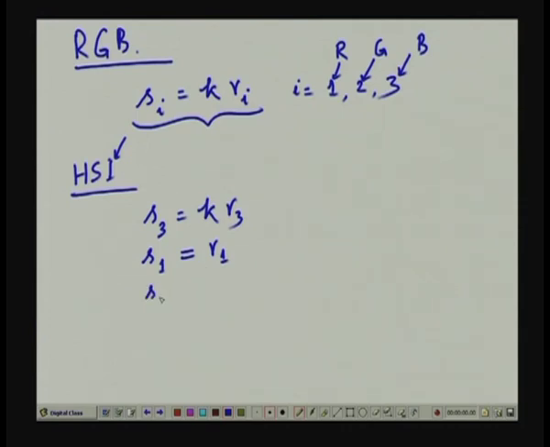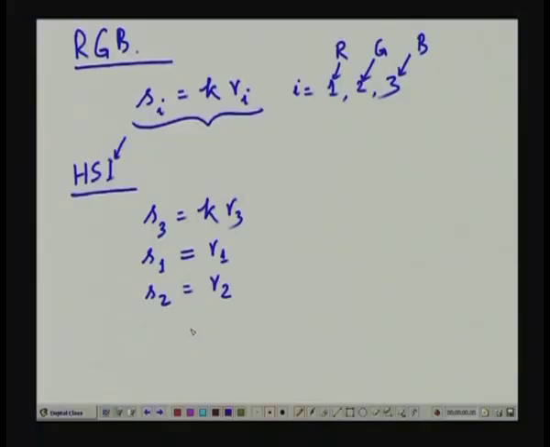So, we will have S 1 equal to R 1, that is hue of the processed image will remain same as hue of the input image. We have S 2 equal to R 2, that is saturation of the processed image will remain same as saturation of the input image. Only the intensity component will be scaled by the scale factor k.